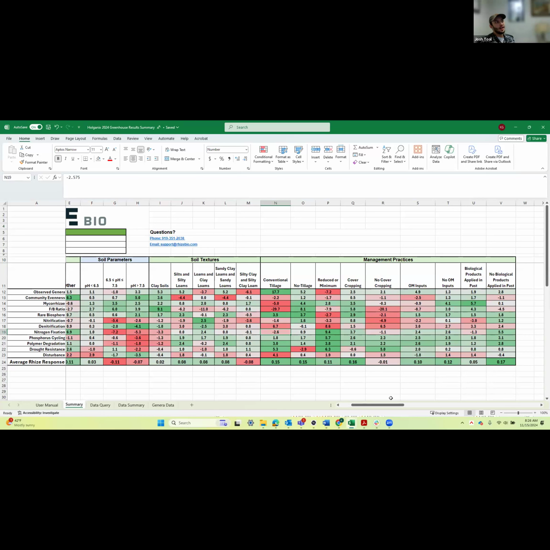So this data is really interesting and something that we're really excited about. And the way that I like to think about the RIZE score is it's the genetic potential of the soil to, I don't want to say produce yield, but produce life in the soil.